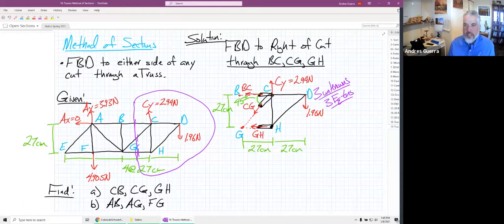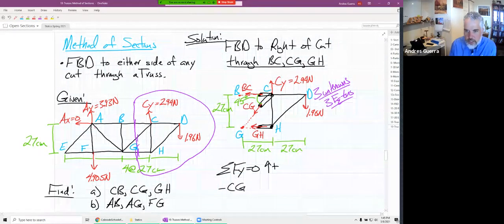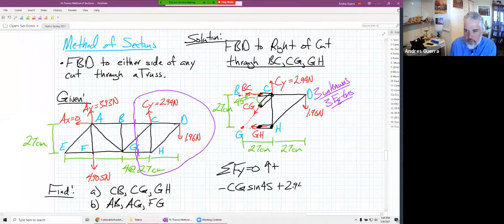So that I don't want to deal with 3 unknowns in one equation. What if I did sum of forces in the Y? Well, sum of forces in the Y, I'm only going to have 1 unknown. I'm going to have a minus CG times the sine of 45 plus 2.94 minus 1.96.